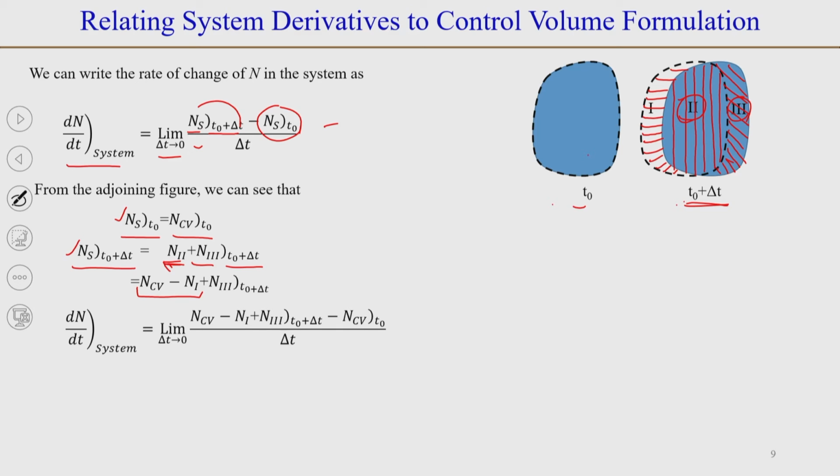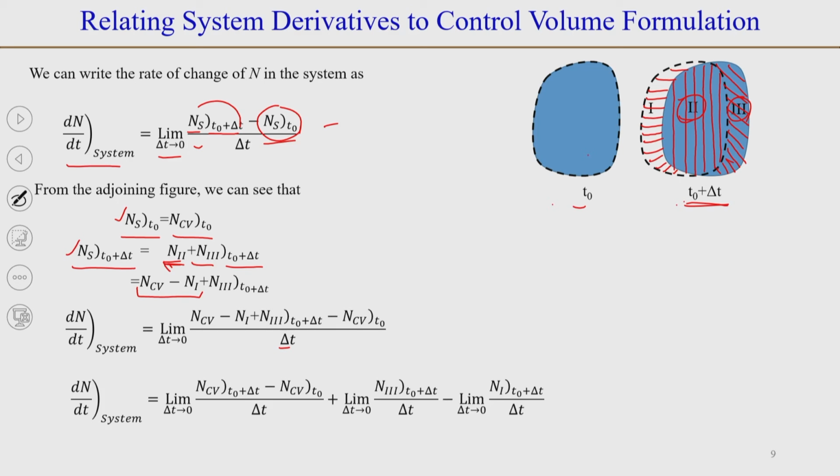So, N1, N3 and N_cv are all at time t naught plus delta t in these respective regions, region 1, region 3 or inside the control volume. Minus, in place of N_s at t naught, we write N_cv at t naught, divided by delta t.